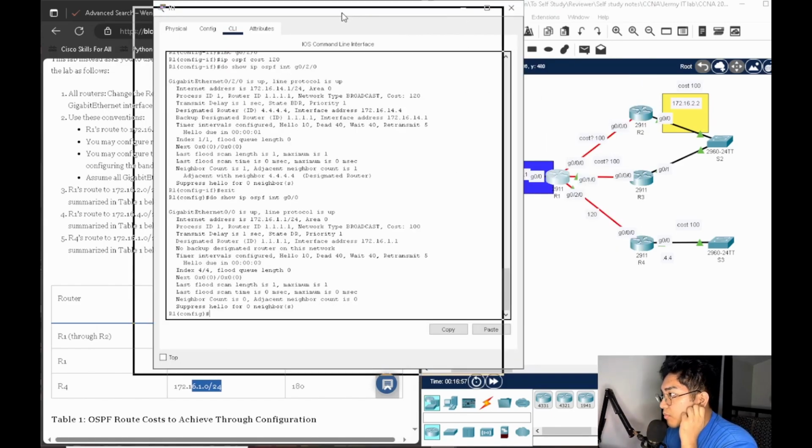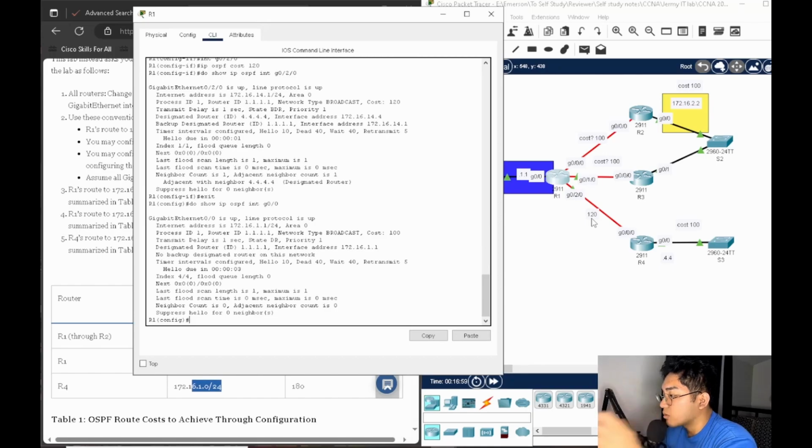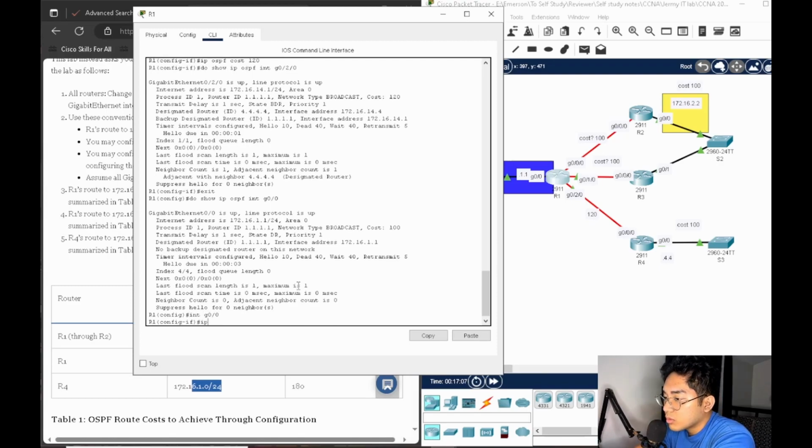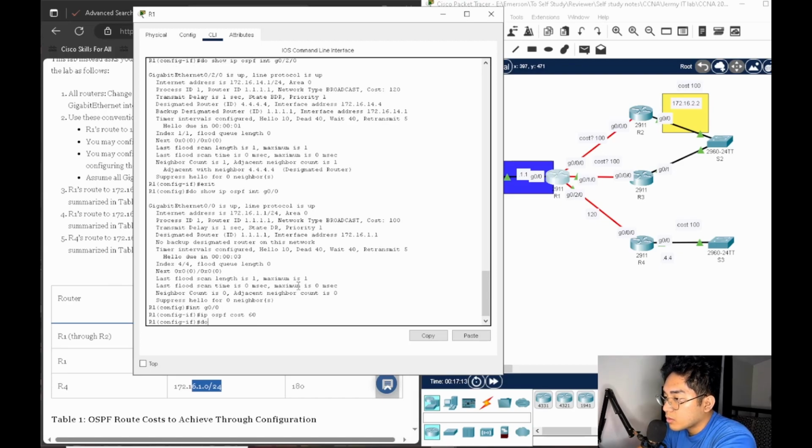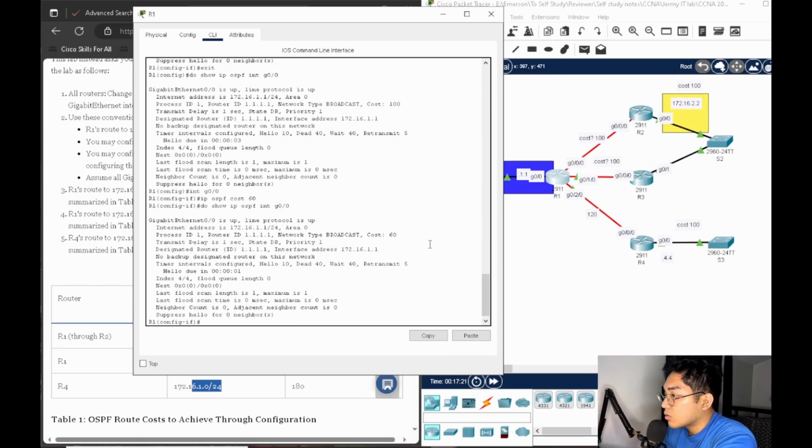I have 120 here, so I think we need to change it to 60. Interface G0/0, ip ospf cost 60. Show ip ospf interface G0/0.